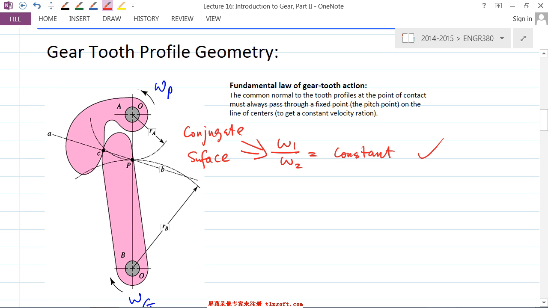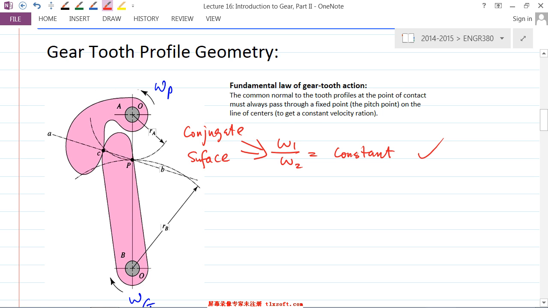Now, when it comes to the involute surface, as I showed you there, the line of action doesn't change, right? It's always the same one, and it always passes through the point P. So the involute one is a little bit more special as a conjugate surface. Make sense? The working nature behind that is a little out of scope of this lecture, but you should just know the facts.